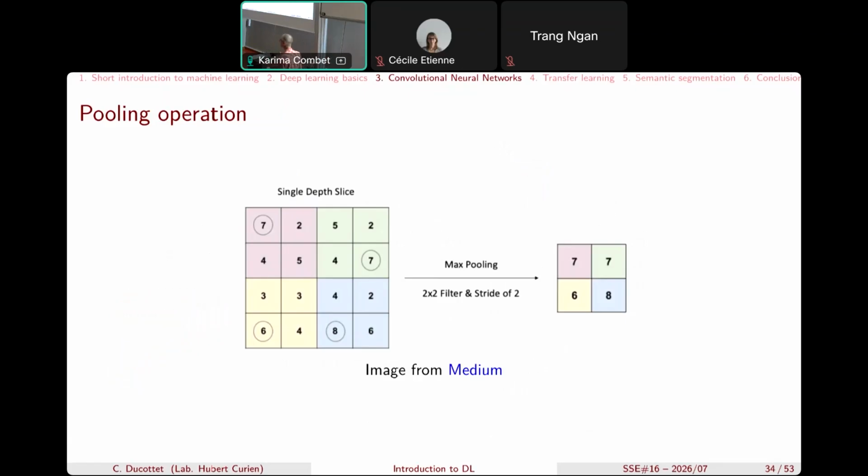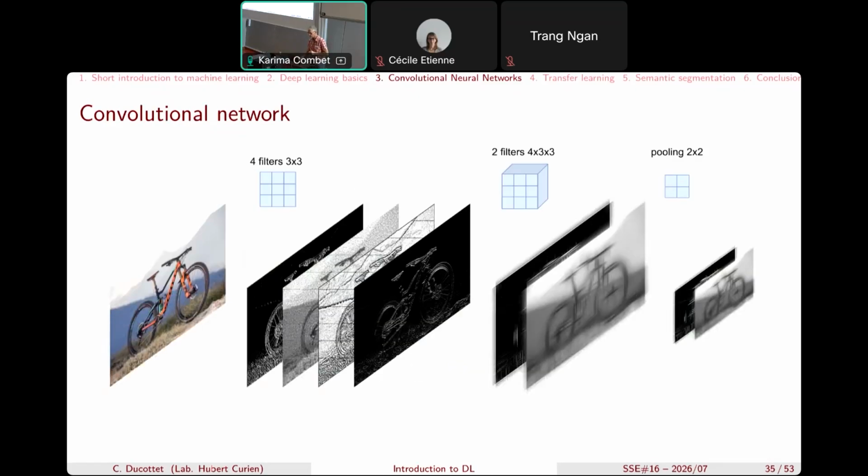So this is a specific filter, for example, here called max pooling, where we take every 4 values here and we take the max, and we only keep one out of these 4 values, here the 7, and so on. So this will decrease the resolution of the image. So these are, for example, the 2 first layers, which are convolutional layers. Then here, a pooling layer.